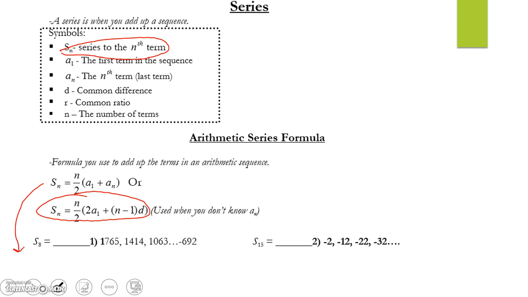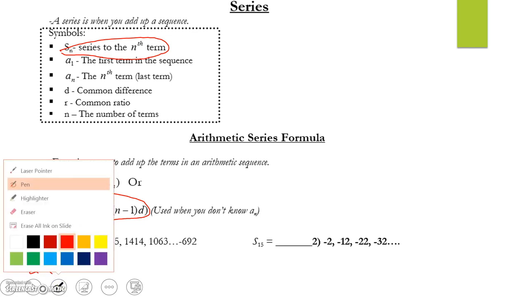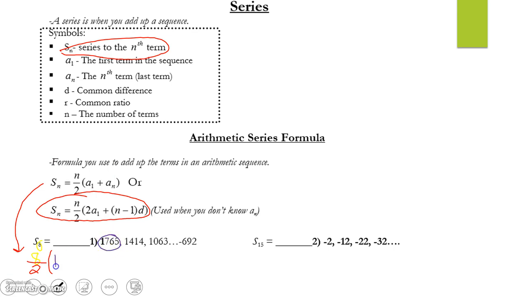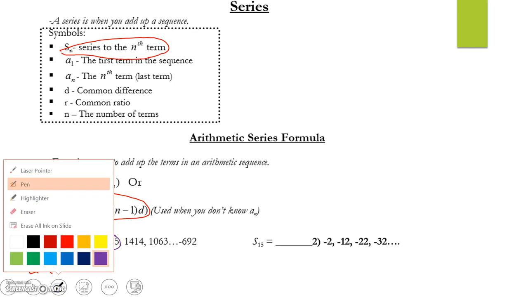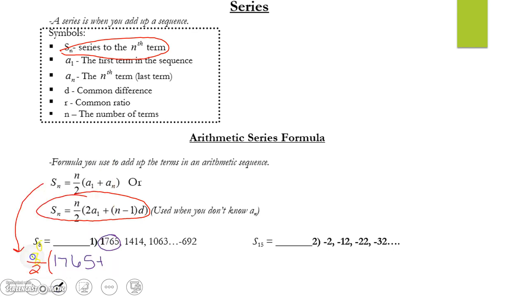N, the number of terms, is right here, 8, and it's over 2. A sub 1 is the first term, which in this case is 1765, plus A sub n, the last term, which in this case is negative 692.